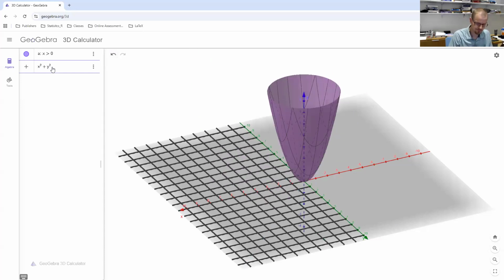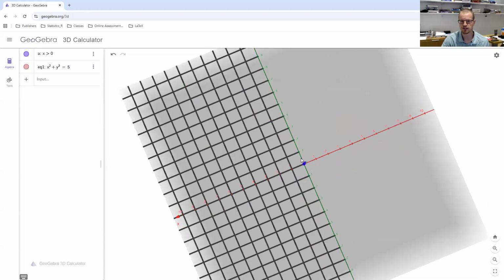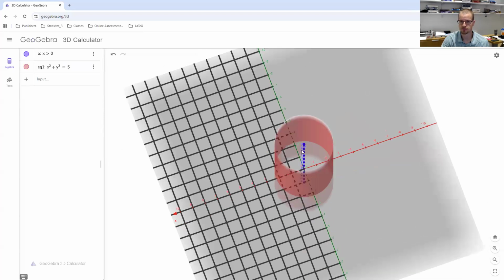Interesting. But let's say that this is equal to, pick your favorite perfect square, so 5. This gives us a circle. X squared plus y squared is 5, but since there's no designation for what z must be, we end up with this circle being represented repeatedly, stacking on top of one another for each z value to give us this infinite cylinder. Can't see it from above because it's going to be that circle, of course.